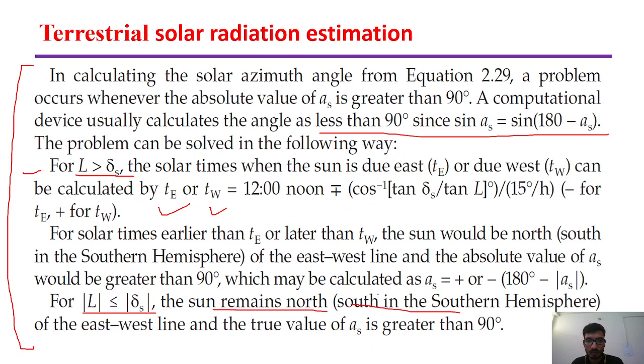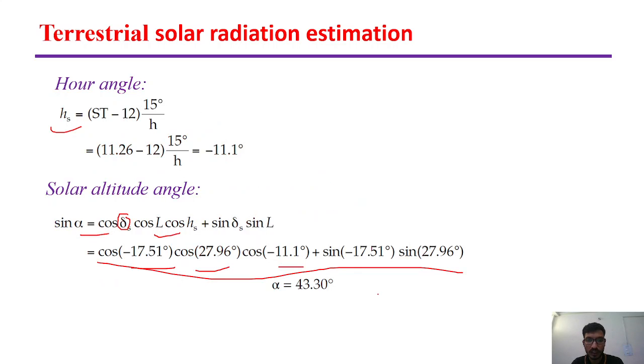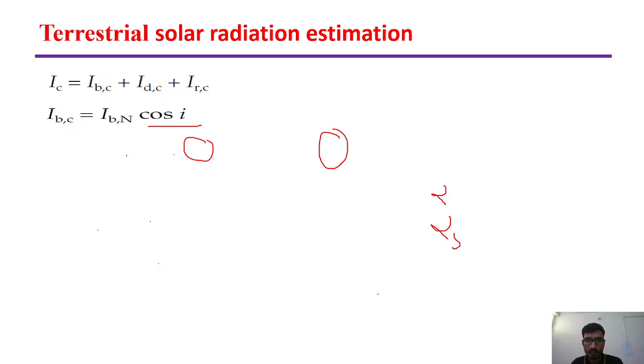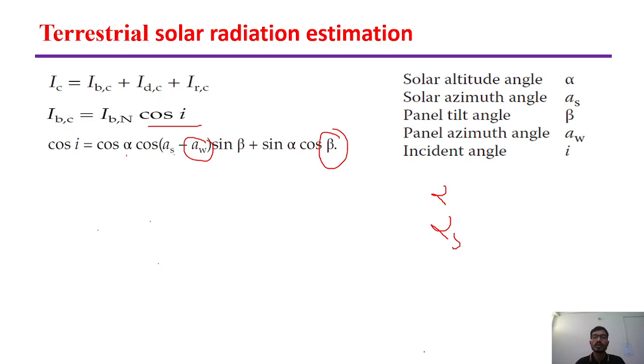So if I take you through the problem again, the basic solar angles we should always know about any surface are the solar altitude angle, solar azimuth angle, surface azimuth angle, and the panel tilt angle.